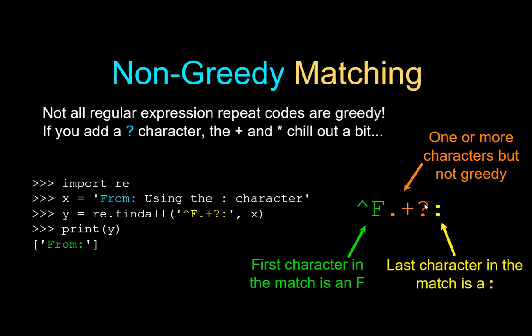When we have the question mark, it means that when you find the first match, which is "From", it doesn't continue to try to find the next possible match. After it finds the first match, it's happy with it, it just returns it to us and doesn't go further to look for anything else. So in this case, we have the question mark and it's a non-greedy match. We find "From", we are happy with it, and we're going to print it here.